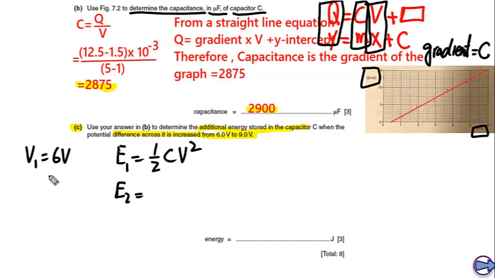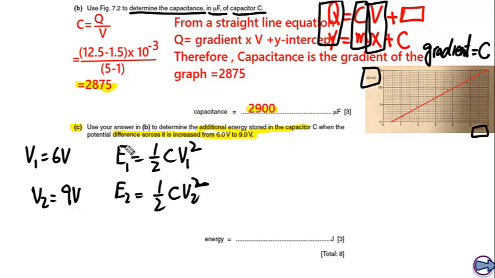So we will say V1: when the potential difference across the capacitor is 6 volts, how much energy is stored in the capacitor. And when the potential difference across the capacitor is equal to 9 volts, how much energy is stored in the capacitor. So we can find E1, we can find E2. Here we have 1/2 CV2 squared.